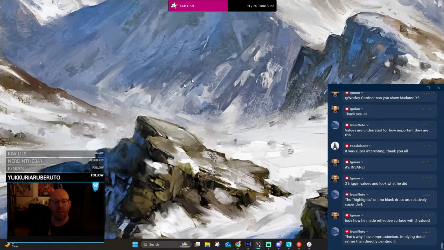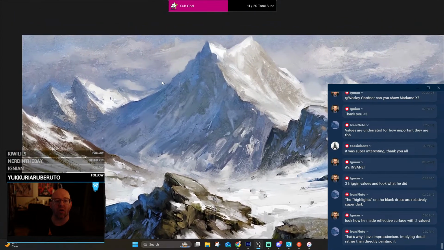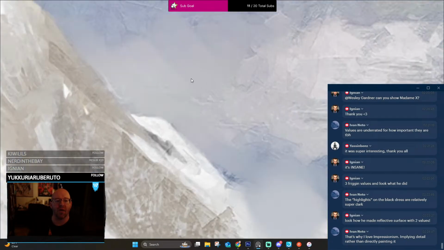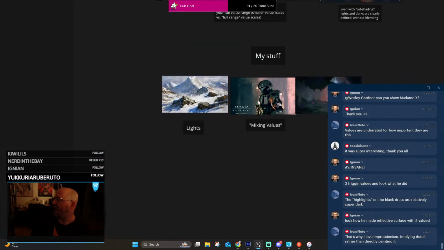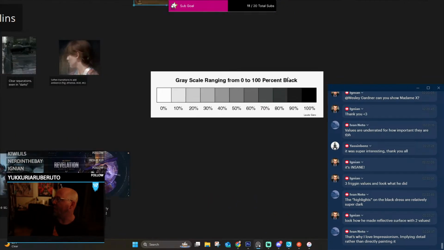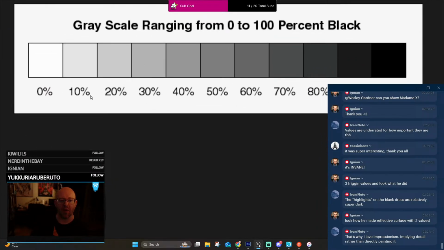Okay? And then the quote-unquote highlight of this rock is actually darker than the midtone of the clouds. Which makes sense. It's closer to us. It's going to be darker and it's going to have a higher contrast. And by contrast, I literally mean the distance we go on our value scale.